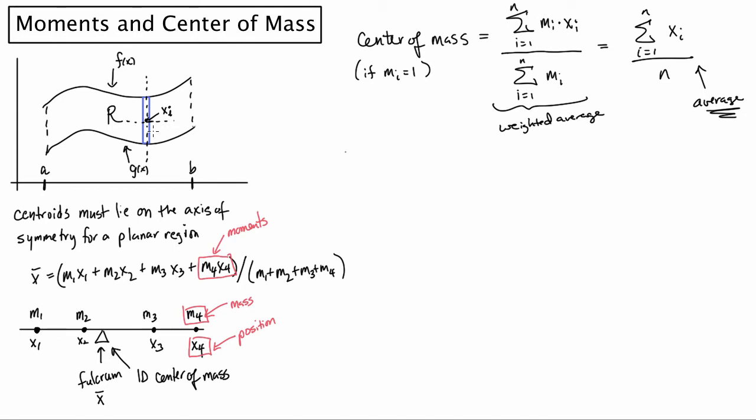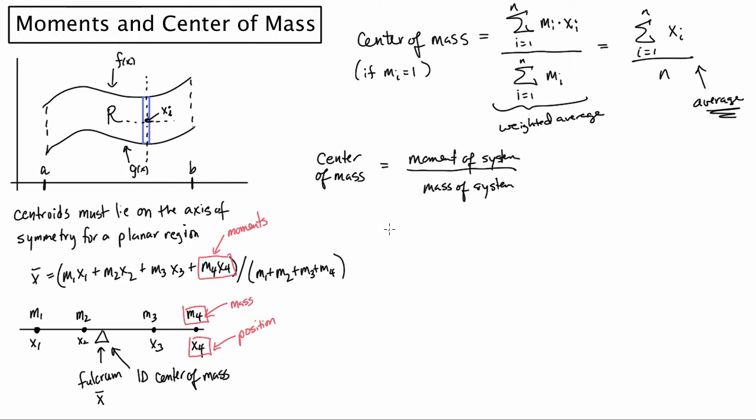So if I could basically summarize here, the center of mass is the moment of the system divided by the mass of the system. So let's see if we can put that into practice.